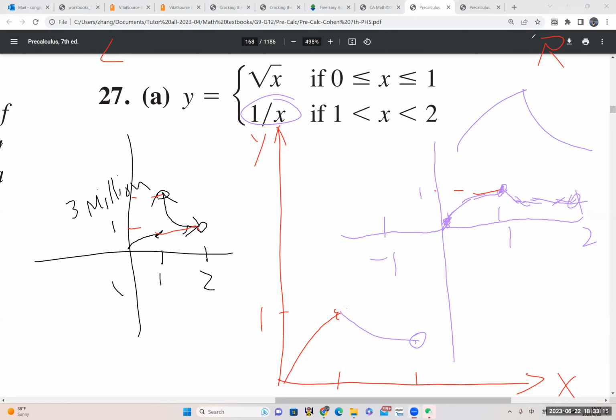So anyway, let me use a marker. Which color? This color. It starts from here, right? Then goes here. Here is a hole. Here is included, right? x equal to 0 is included.